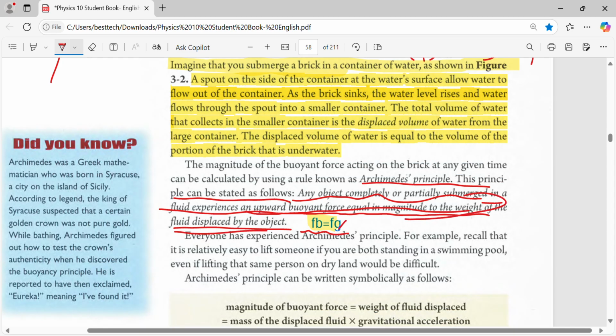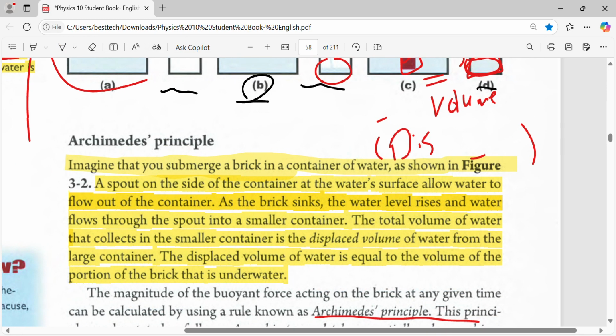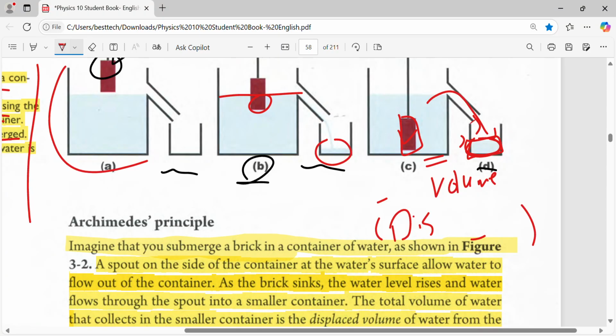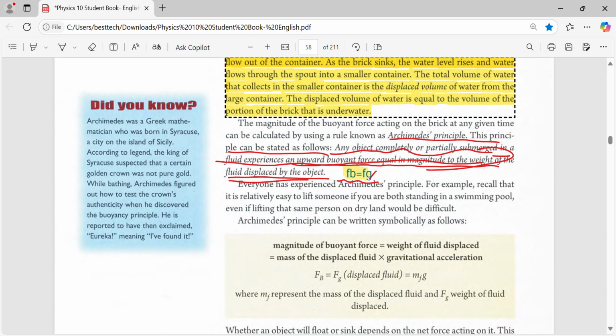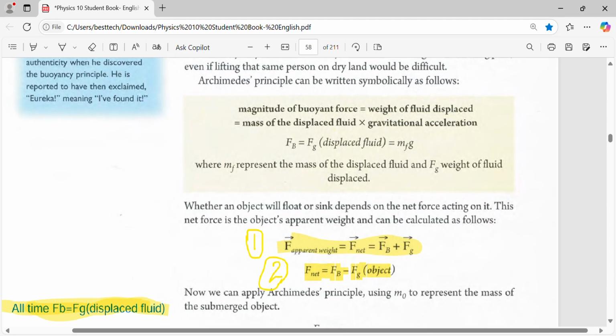It means Fg, the weight of the water that comes out. This is called Fg, displaced fluid.